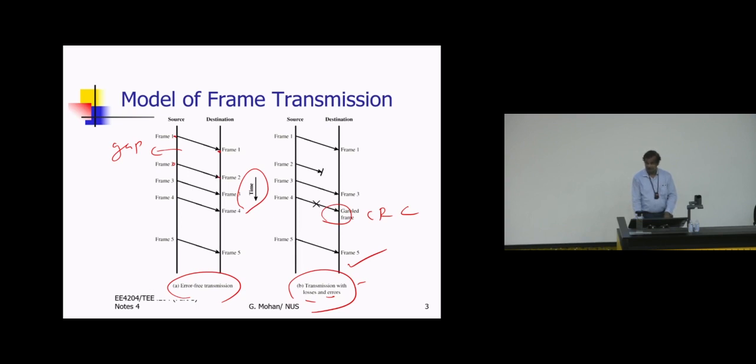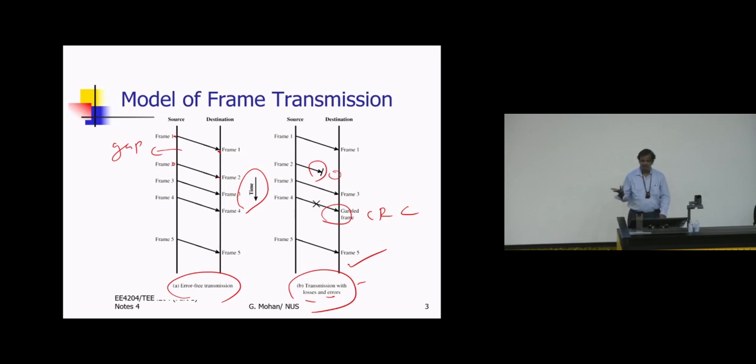Now there is another case when the frame propagates through the channel, it was heavily damaged by the noise such that when it reaches the destination, it receives some bits here and there. The destination is not able to even recognize that it's a frame.